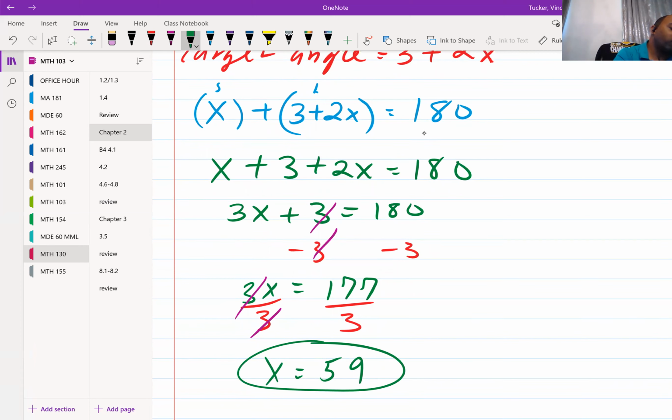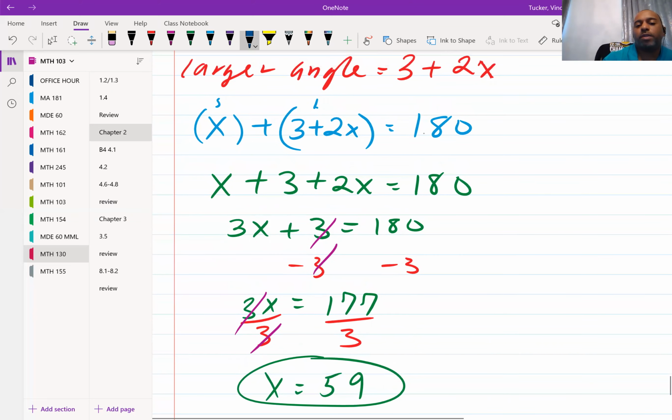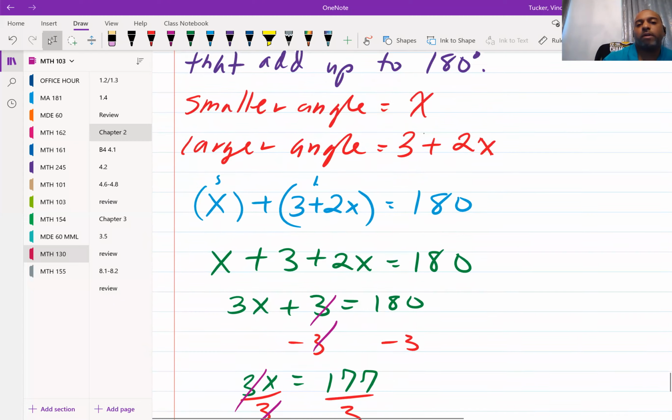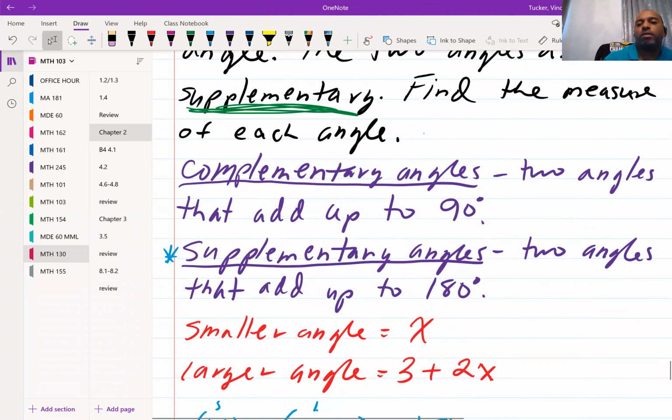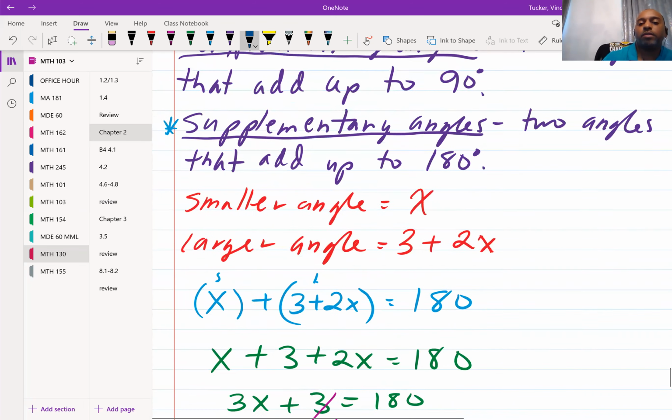All right, make sure we're okay. All right, can you go ahead and finish it off? Everybody good? All right, so going back, we want to find the measure of each angle.